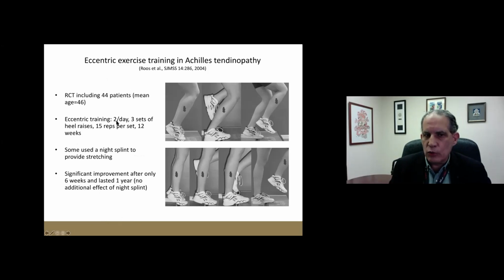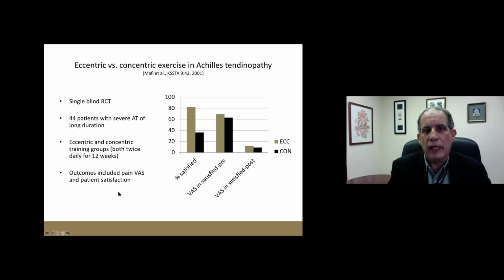So they did 2 sessions per day, 3 sets, 15 repetitions per set for 3 months. And there was significant improvement after only 6 weeks. Perhaps more important than that, that improvement lasted 1 year. Of course, that assumes that the athletes will continue to do the exercise, okay?